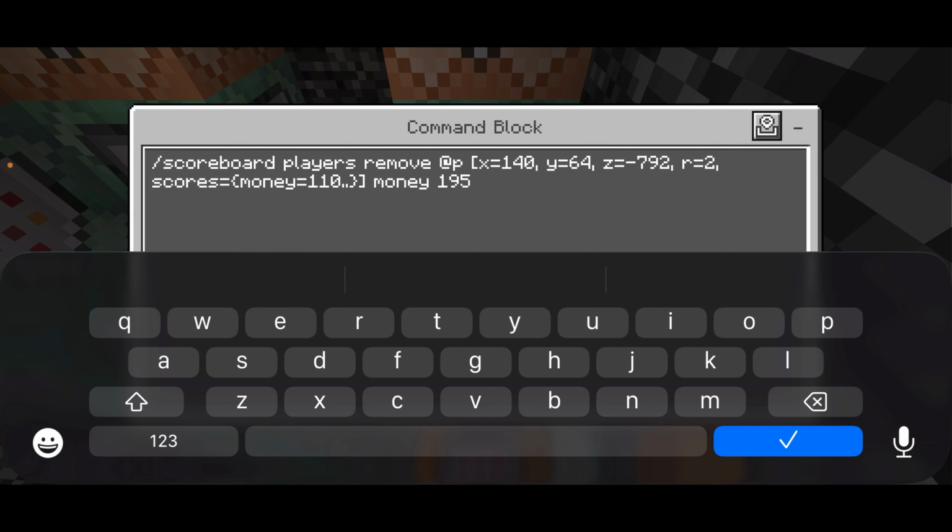Okay, scores should equal money equals 195 instead of 110 there. And then you should remove 195. So money, both numbers in here should be 195. Wow. Oh, sorry. Wow. Okay.